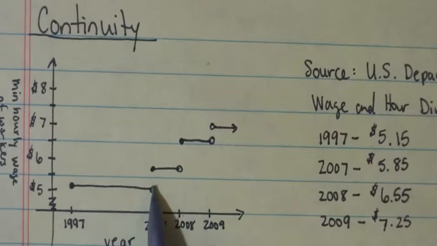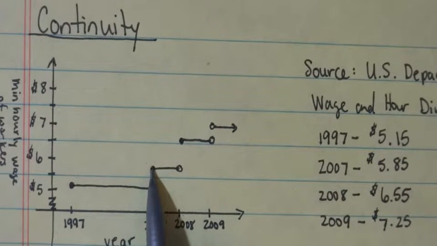Now, technically, I don't think that actually happened until July of 2007, but just for analogy's sake, when we're talking about approaching one of these closed circles, we're talking about getting as close as we physically possibly can, but then in the year 2007, it did bump up to $5.85.